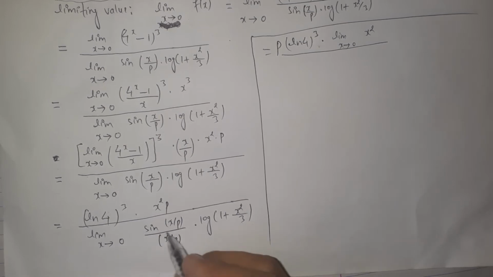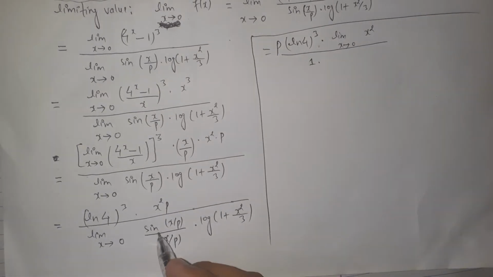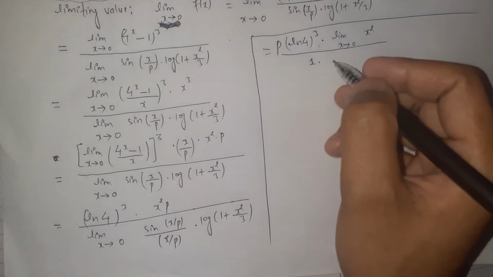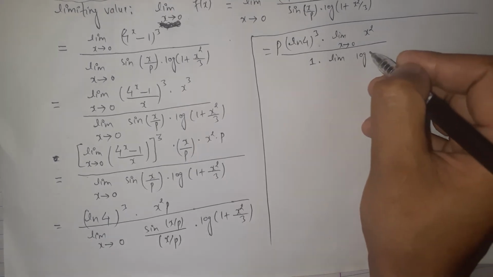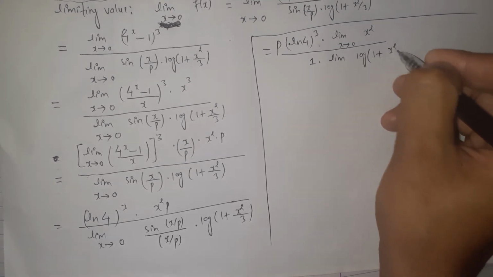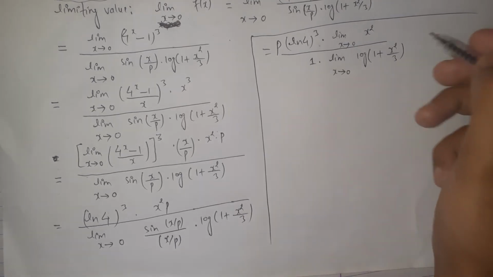This form has the value 1, because of the formula of the limit of trigonometric functions, so 1 times the limit of the remaining function log 1 plus x square over 3 when x approaches 0.